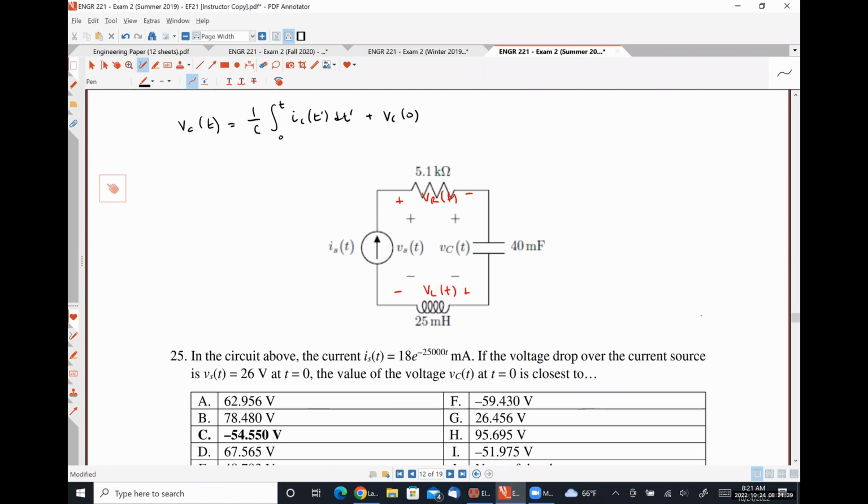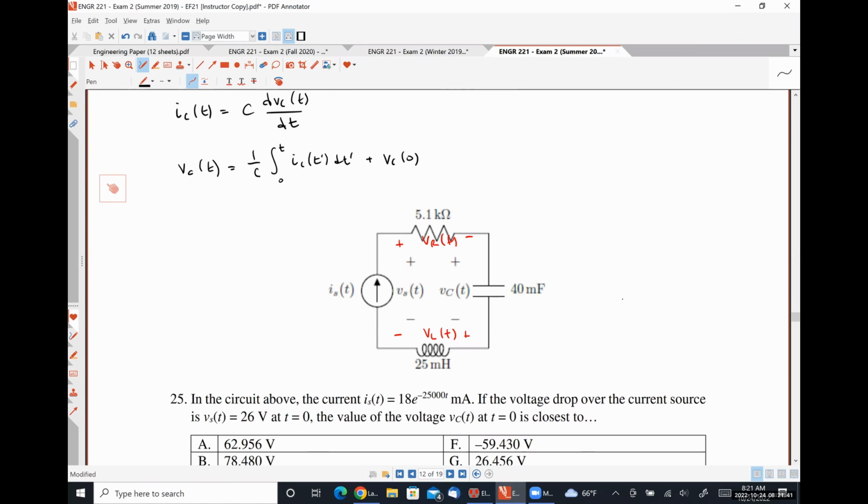We want the capacitor voltage, so this is the one that we're going to have to use. We know C. IC is just IS, so the only thing that we don't have here is VC at 0.